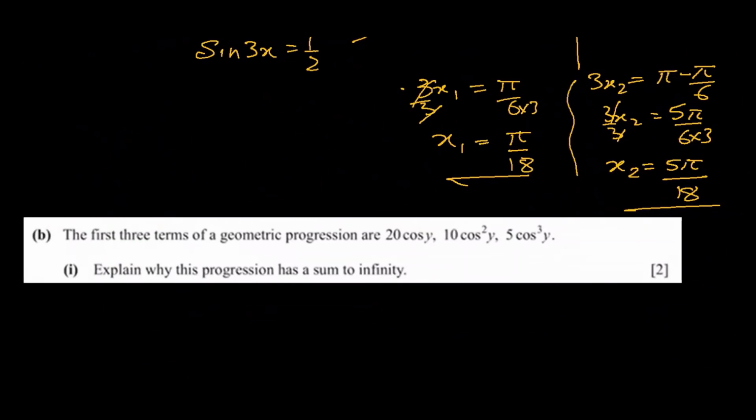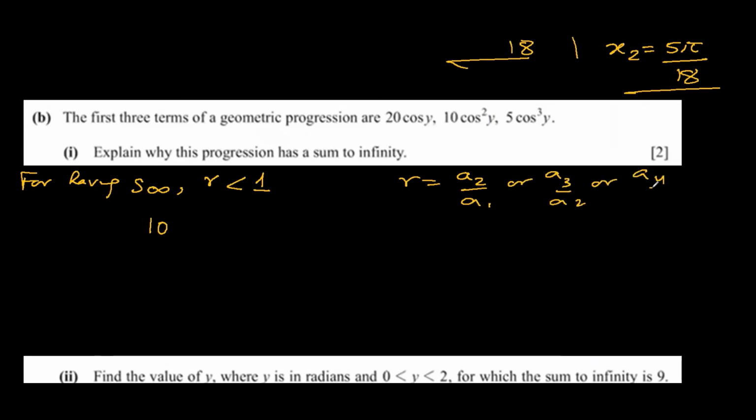The first three terms of a GP are these. Explain why this progression has a sum to infinity. So for having S infinity, sum to infinity, |r| should be less than 1. What is r, by the way? r is a2 divided by a1, or a3 divided by a2, or a4 divided by a3, and so on, right?